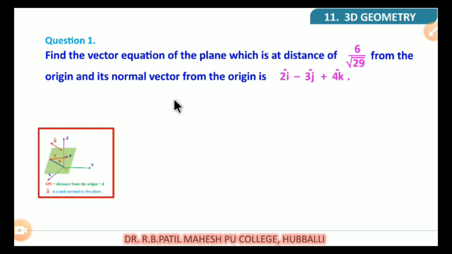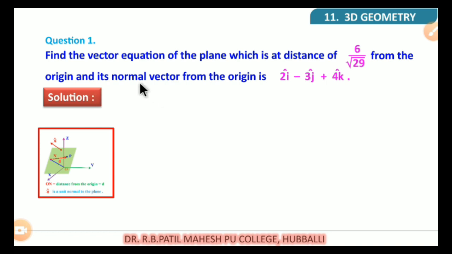So students, observe this vector, what is it? Normal vector, and it is the distance from the origin, meaning the distance of the plane from the origin. Okay, in this diagram we have already derived that ON is the distance from the origin, and n cap is a unit normal to the plane.